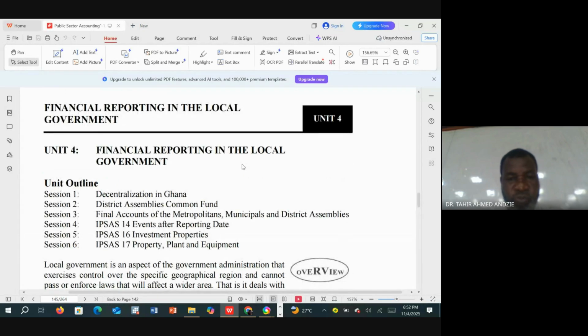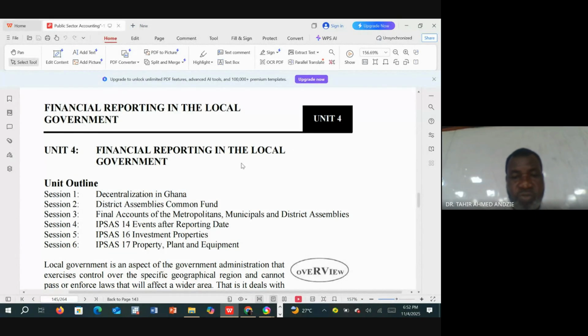So we are now moving on to Unit 4, which is about financial reporting in the local government. The local government financial statement is very simple. It is just about knowing how much expenditure they expect to incur, the costs in the administration, and the developmental projects put together.